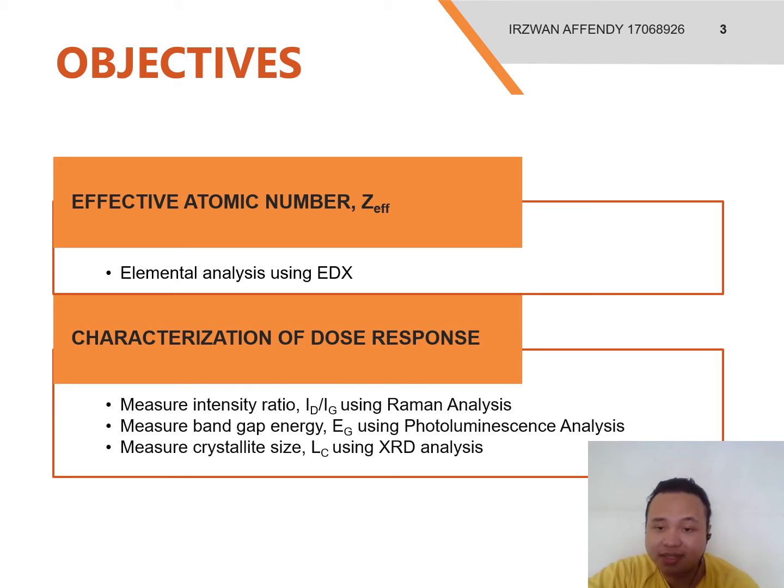So, to investigate this, we are going to do elemental analysis on our samples to calculate the effective atomic number. The second one is that the dosimetric material must have a linear dose response. This is to allow accurate measurements of the radiation dose delivered. The dose response of our samples was characterized using Raman, PL, and XRD spectroscopy.